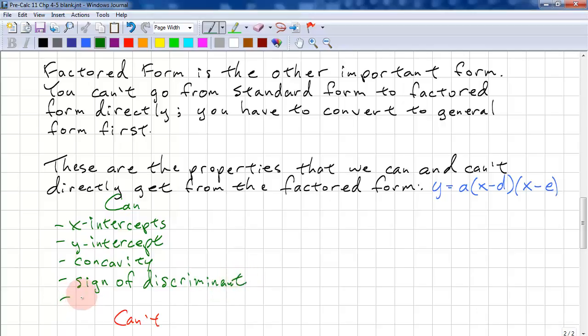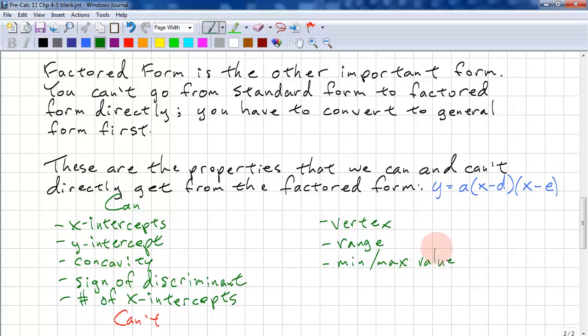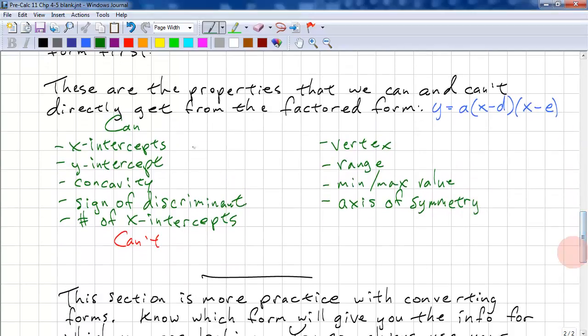We can also figure out the number of x-intercepts. And we can calculate the vertex, and therefore the range, the min-max value, and the axis of symmetry. And we can't easily calculate the discriminant.